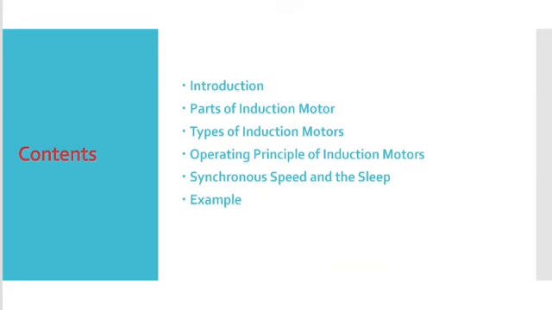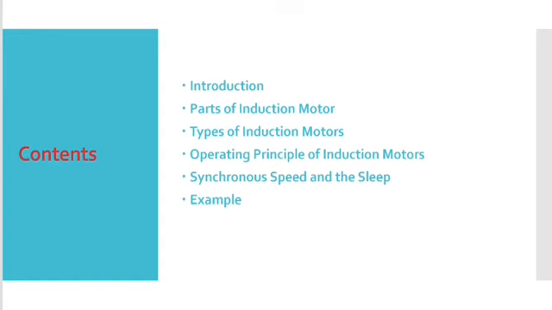First of all, we will start with the introduction. In the introduction part we will see what is the induction motor and what is the working principle of induction motor. Then next we will see the parts of induction motor. There are different parts in an induction motor, and there are different types of induction motors which are very useful in the industry.